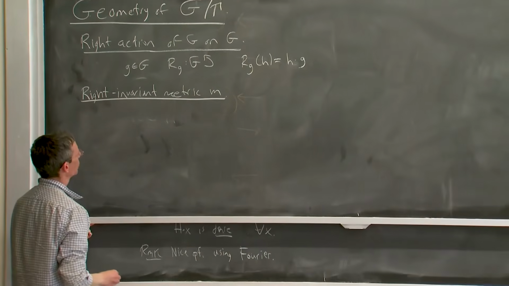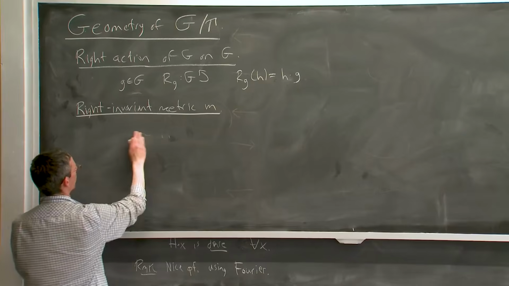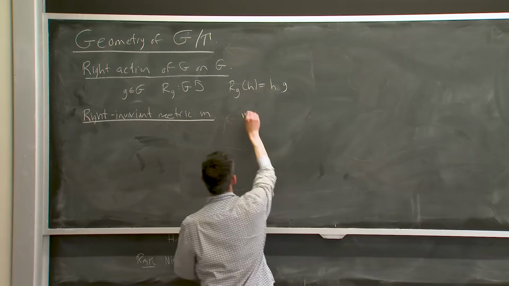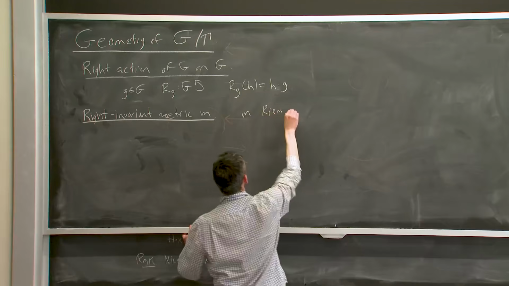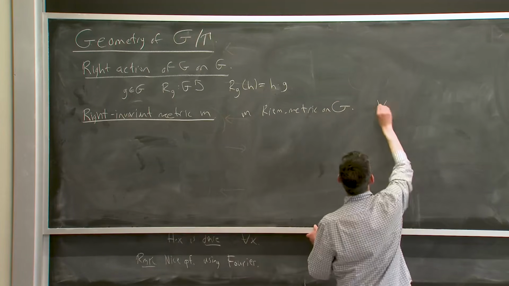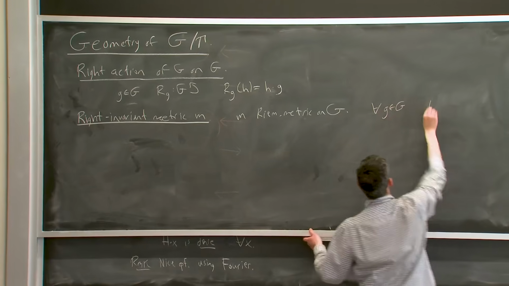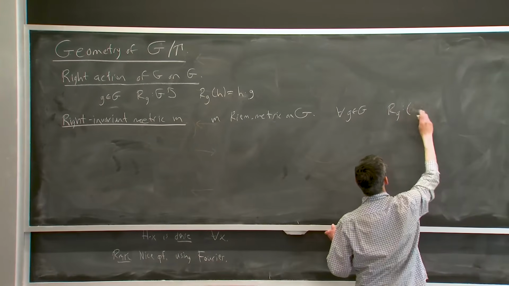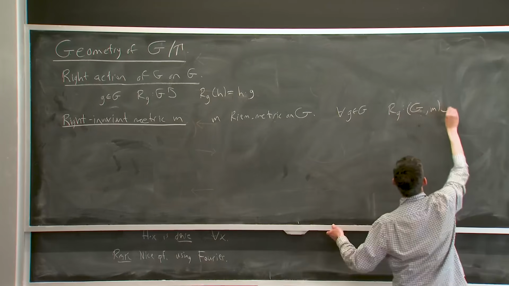So how does this work? What does that mean? So m is going to be a Riemannian metric on G. And for every g in G, we have this right action R_g. That's a map from our group with its metric to itself.